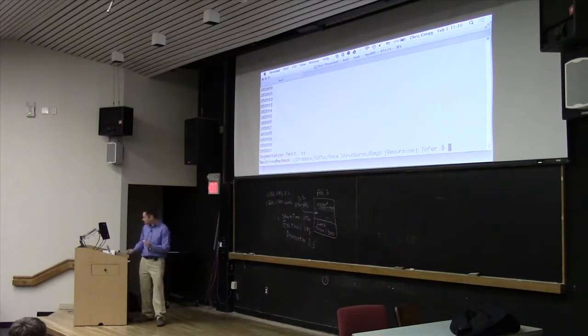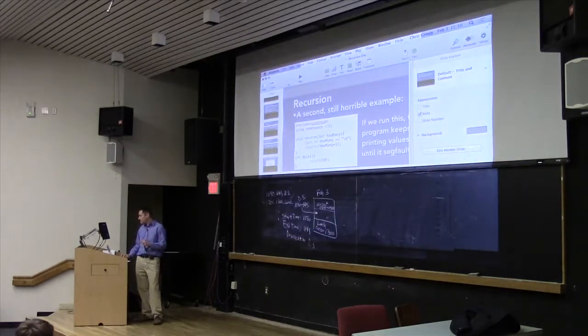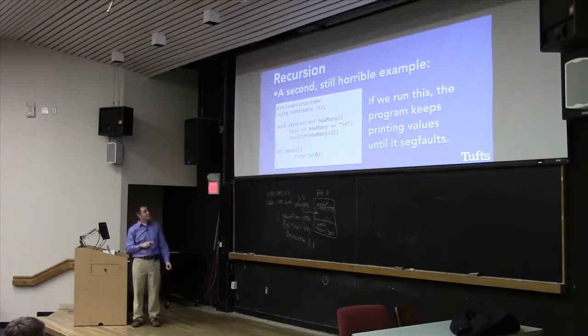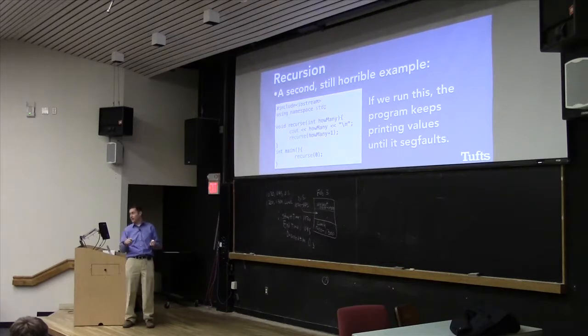And remember, each time it called itself, it had to save that state and then call itself. Doing that took up memory until it got to 262,000 and said, I'm done. I'm out of memory for this problem. The amount of memory I was given, I don't have any more, and I'm done. Segfaults.